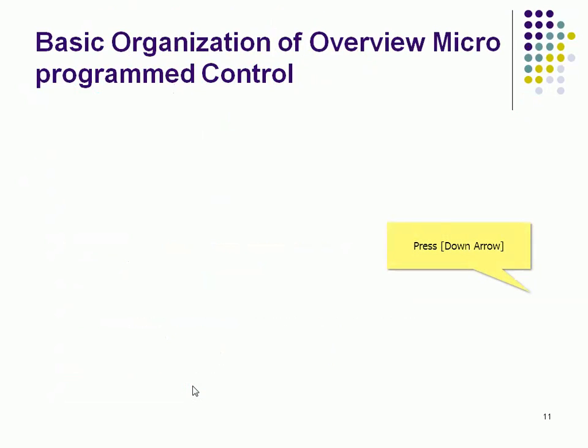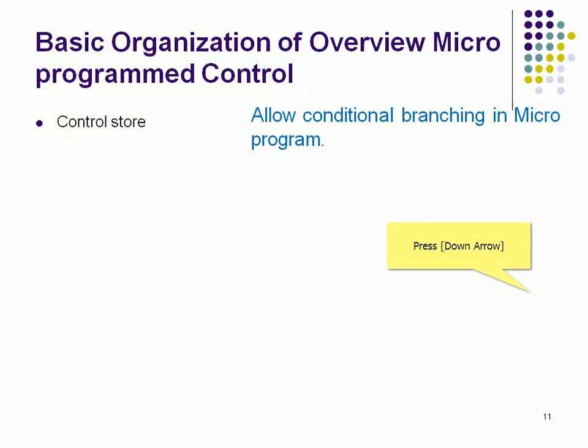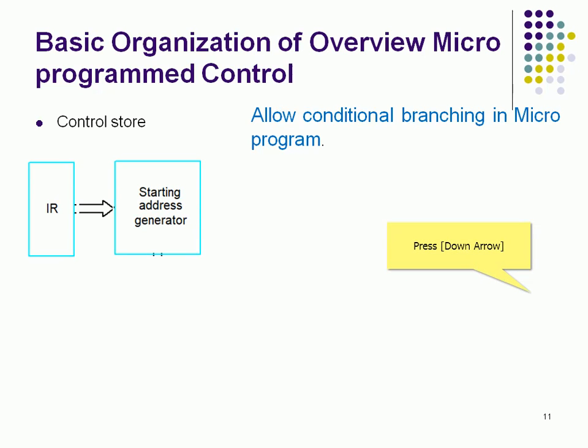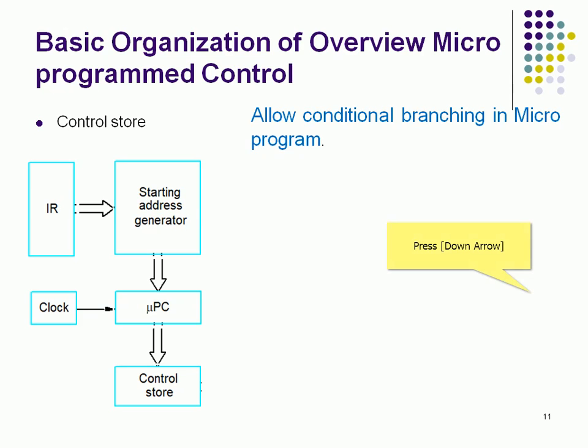Now the basic organization of the micro program control overview. There is a control store that allows conditional branch micro programs. There is the IR, from which the starting address is generated, then the micro PC and the control store, and the control store gives the control word. It may go back to address generation for the next micro routine, right?